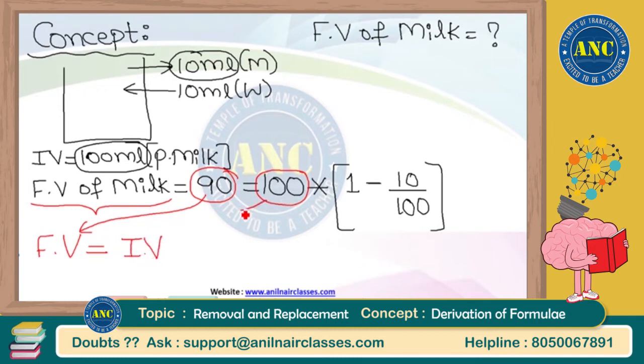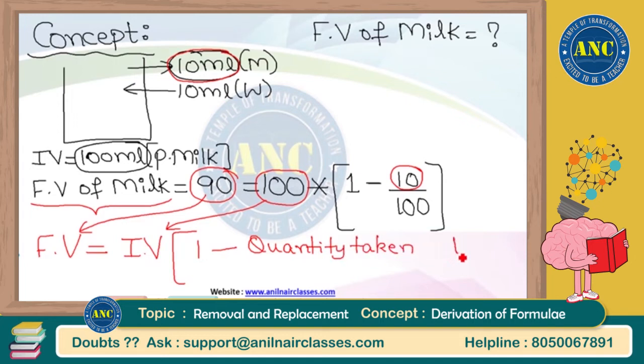Final volume is equal to initial volume into 1 minus, what is this 10? 10 is nothing but how much of the solution or milk content I am taking out. 1 minus quantity taken out.